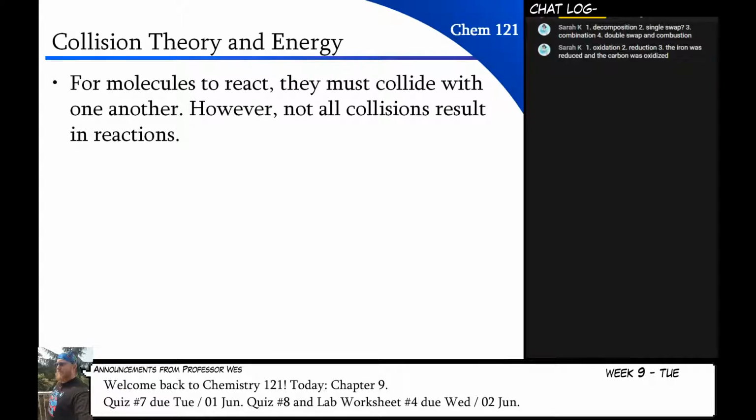First of all, let's talk about how reactions occur. If I want to make a reaction, and we saw this in a video before where I had sodium and chlorine, I need my two things to bonk into each other. Now, in the video that I showed you, the reaction between sodium and chlorine gas.